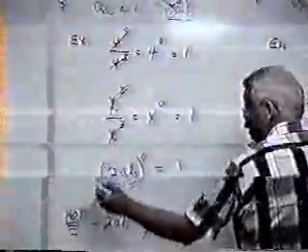Now, let's look at the last two examples I have on this rule. If I have all of something right here, an entire object raised to the 0 power, then all of that's equal to 1, because it says all of this is divided by itself. So that's equal to 1. But don't get fouled up on something like this. The b is the only thing to the 0 power here.